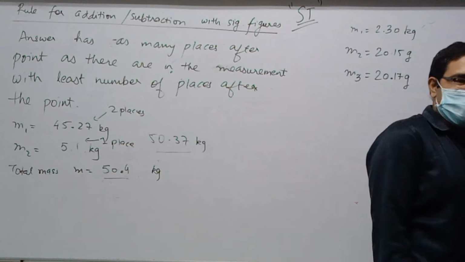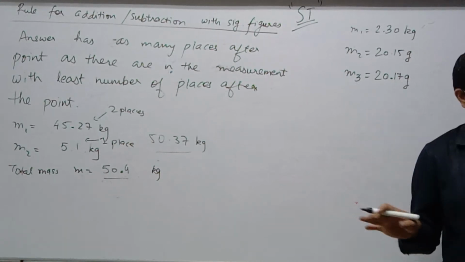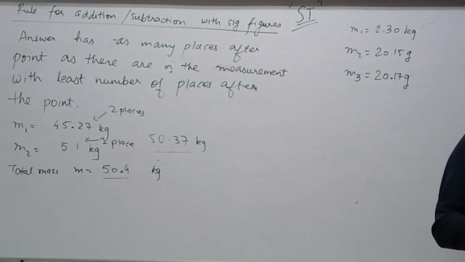So as far as possible, if you can do it, you should convert units to SI. That is, instead of converting kg to gram, we should convert gram to kg. Is that okay? I am not saying that by converting kg to gram you will get a wrong answer. I am making it very clear. It would still be correct.